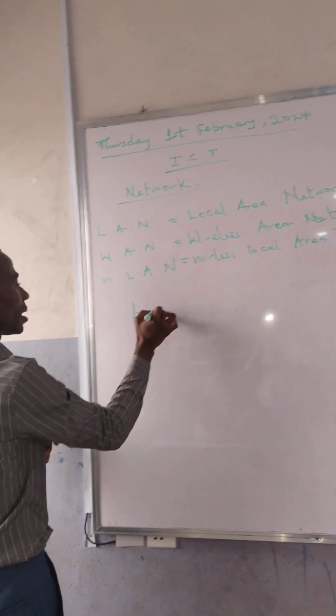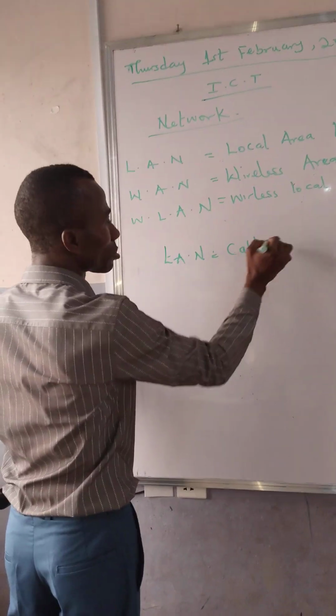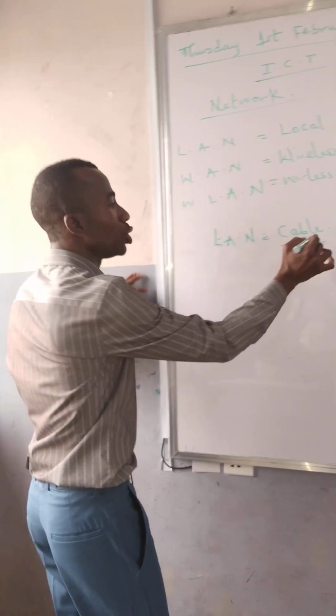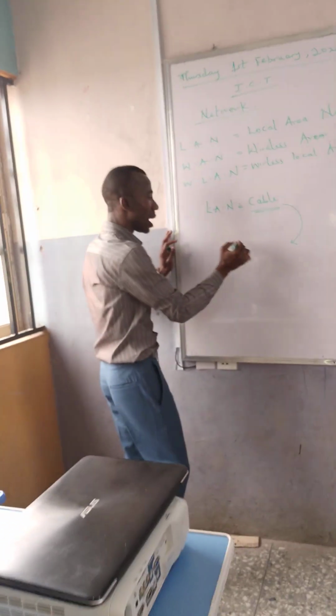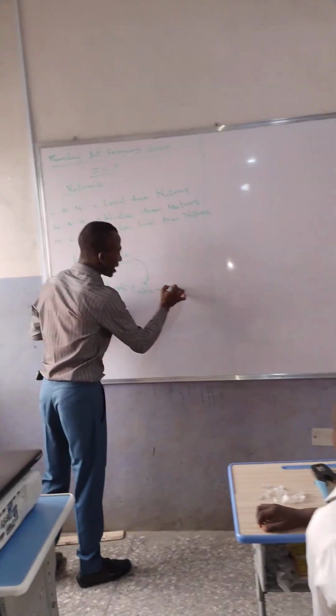The LAN is connected with cable. And the following materials are used in creating the LAN cable. Number one, you have a network cable. The network cable is called Cat.